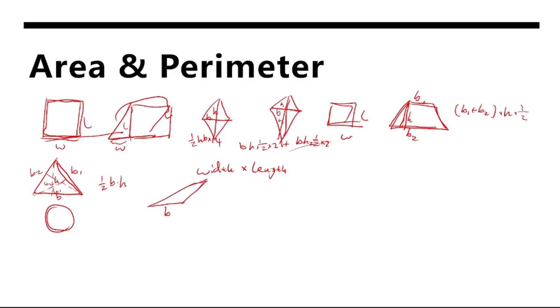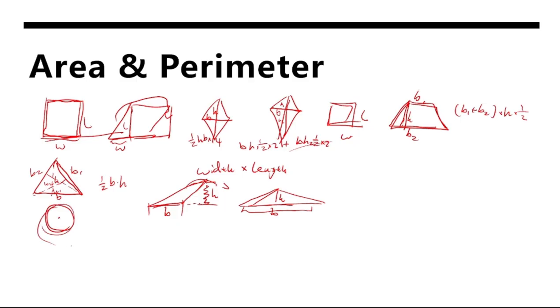If this is your base, this will be your height. Base is only till here, and height is here. Or you can rotate it with the longer side on the bottom, then this whole thing will be your base, and this will be your height.